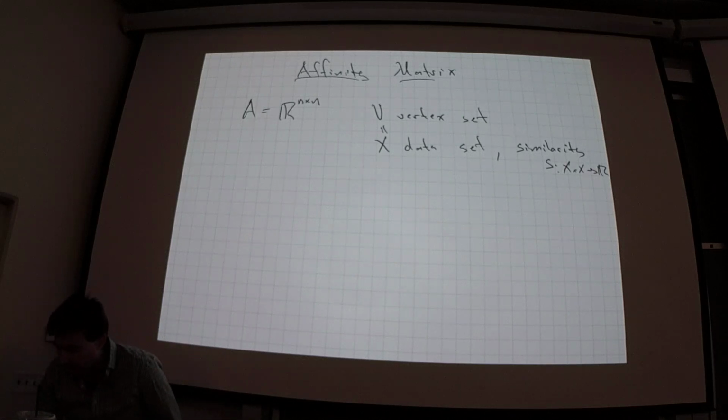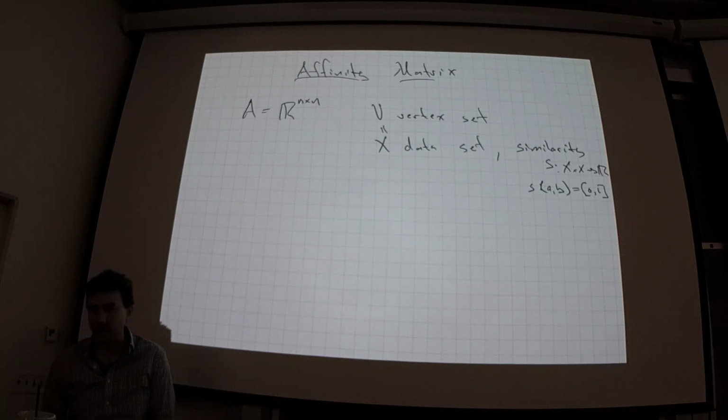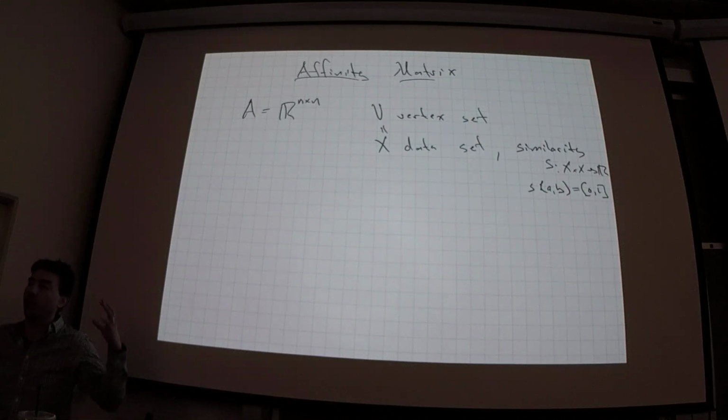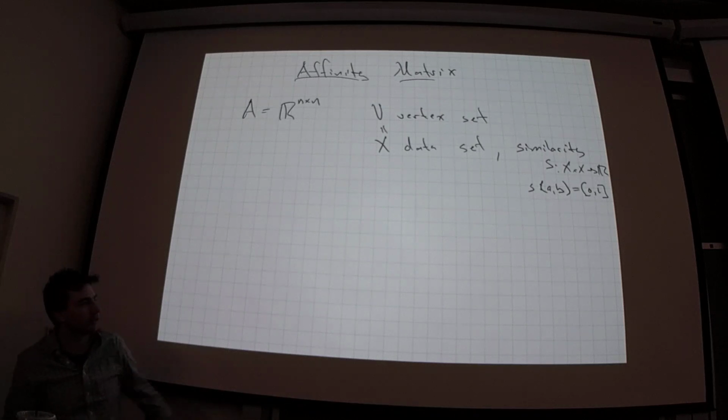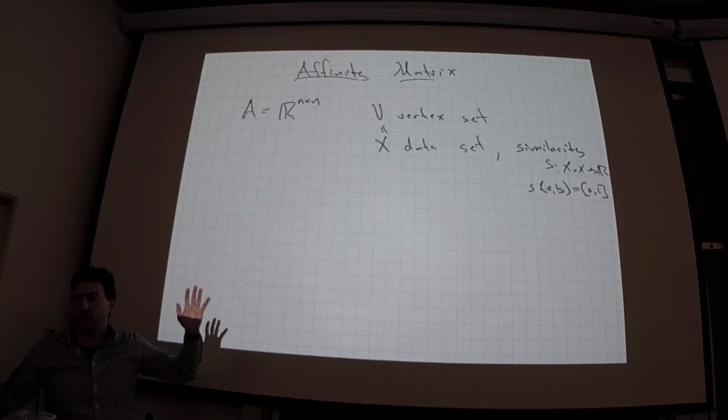This similarity is going to map pairs A, B to something in [0, 1]. So it's going to be one of these 0 to 1 value similarities. You could use a generalization, say with dot products and so forth, that's not in [0, 1], but let's just say it's in [0, 1].